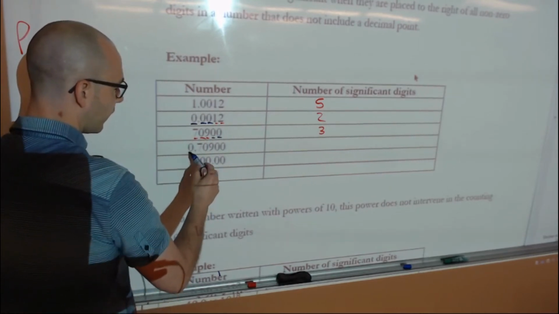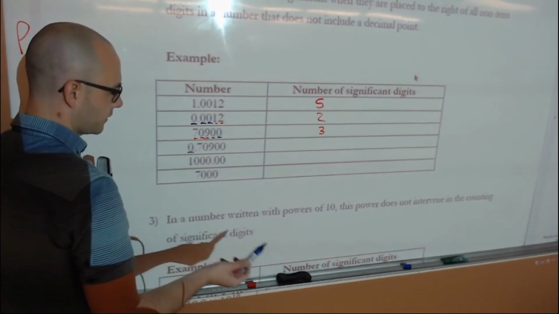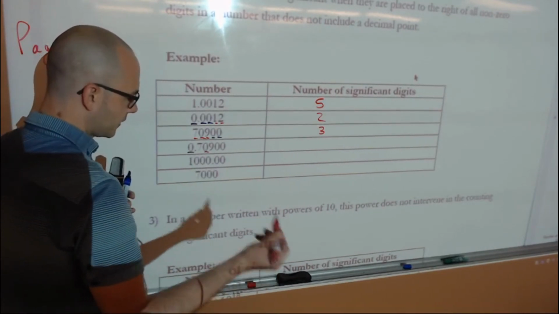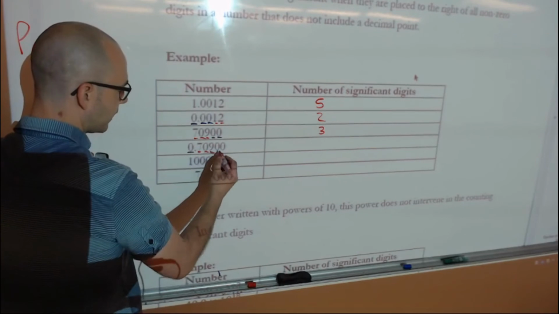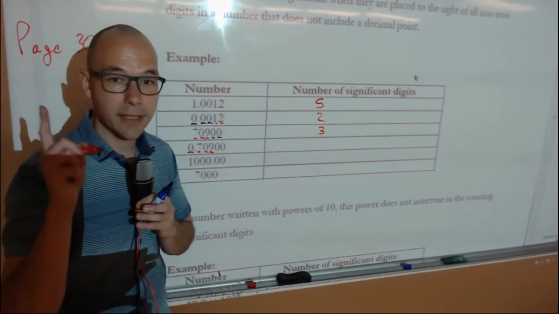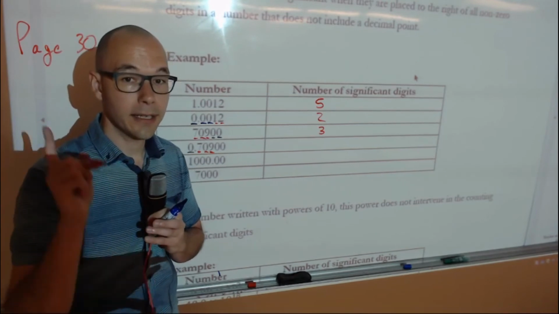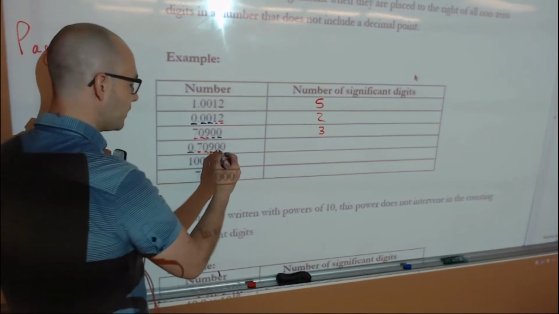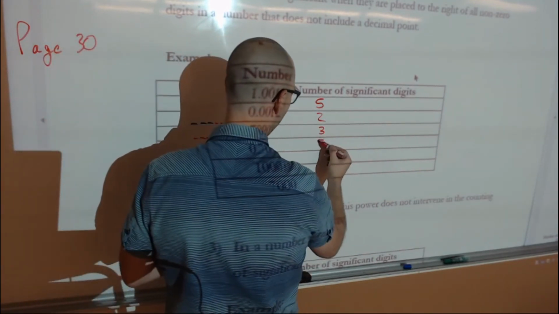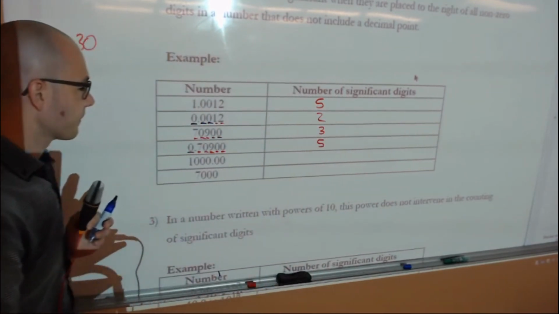To the left are always not significant. In between are always significant. That 7 is, that 9 is. And the zeros to the right are significant if they are in a decimal number. So that means that those two are also significant, and we have 5 significant digits.